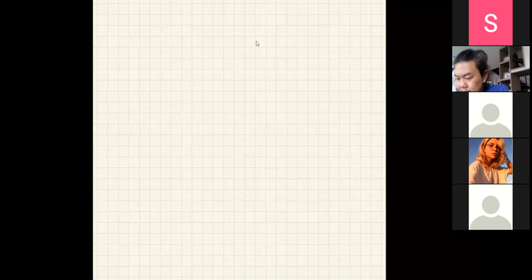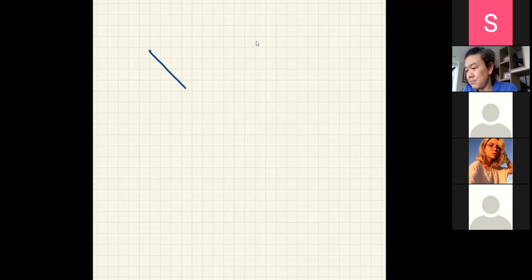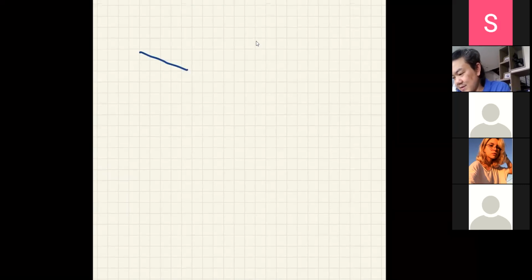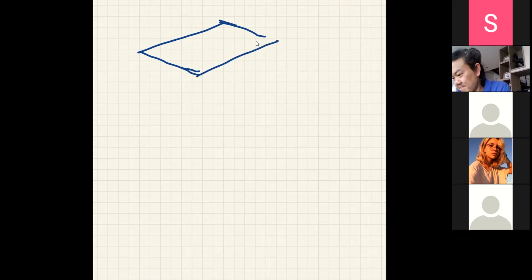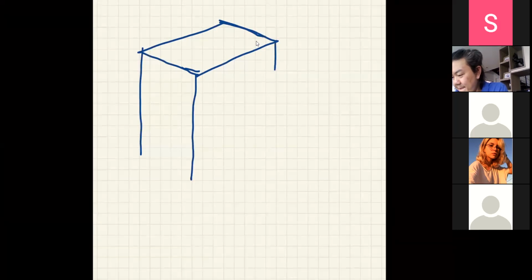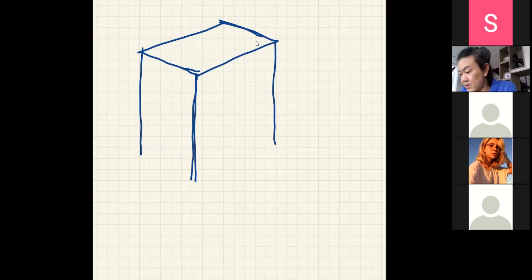Okay. So now without further ado, let's go back to the building. This is too steep. Okay, I have a building like this. So now let's say this building is going to be hit by wind.